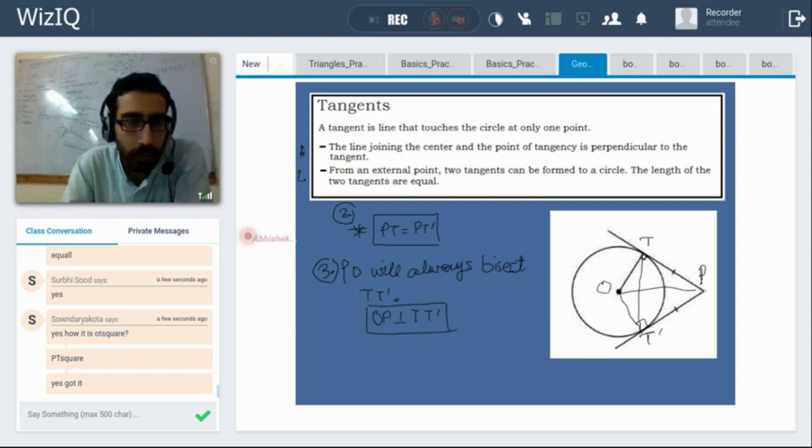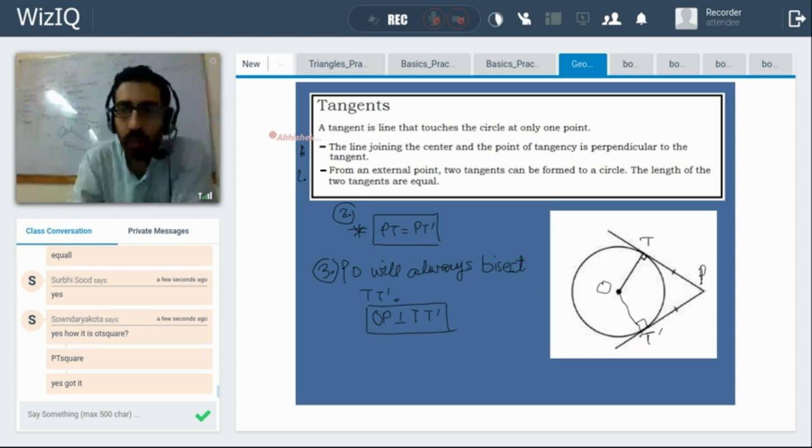I'm sorry, the diagram is not so good, so let me do it again. But do remember this.